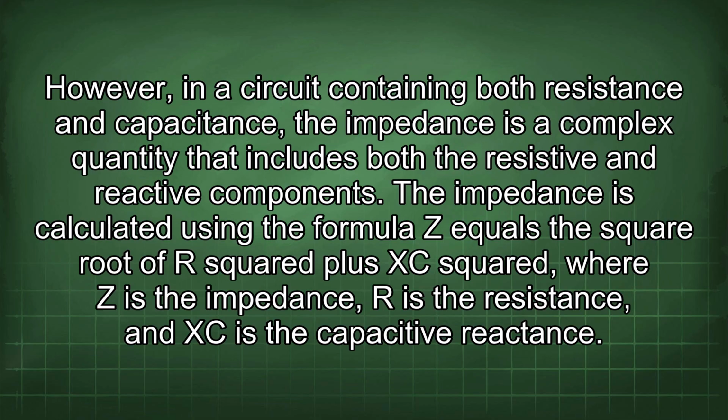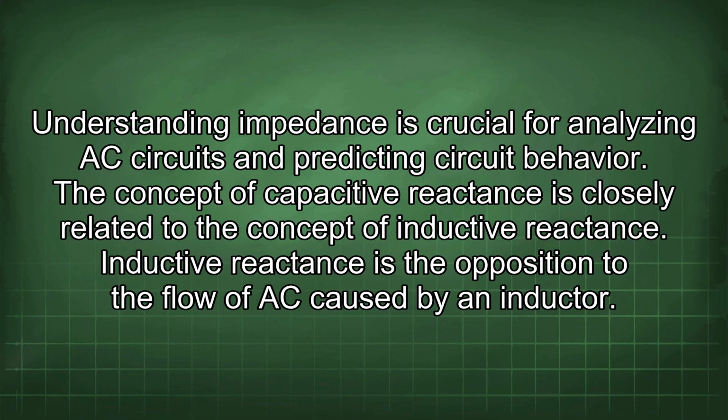The impedance is calculated using the formula Z equals the square root of R squared plus Xc squared, where Z is the impedance, R is the resistance, and Xc is the capacitive reactance. Understanding impedance is crucial for analyzing AC circuits and predicting circuit behavior.